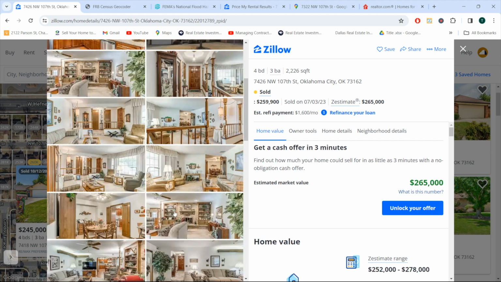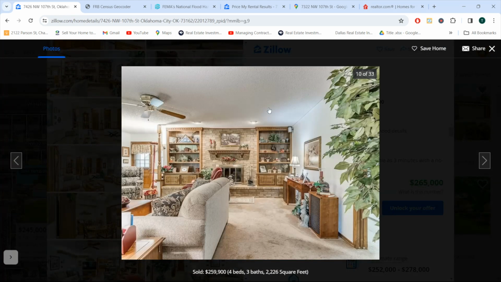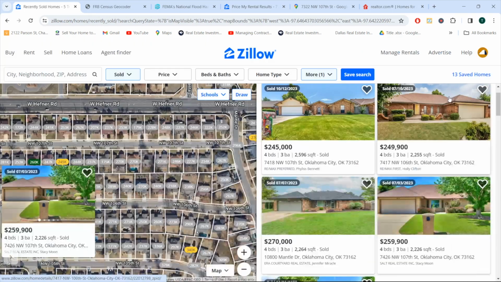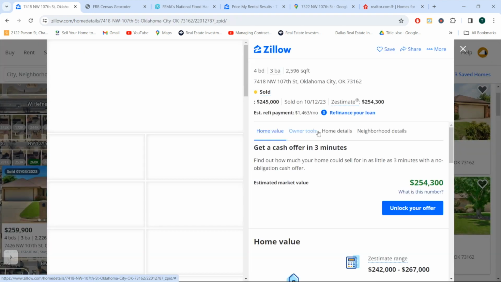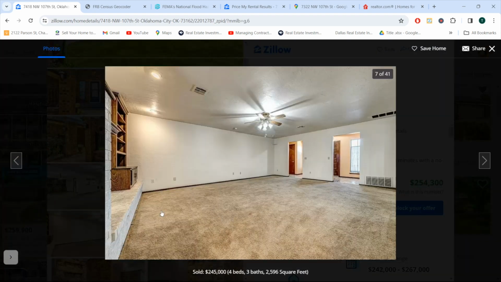That's dated. Okay. That's a dated property, and it's not fixed up or anything like that. It's just a regular grandma's house. Now let's look at the one that got 245. Again, another dated house.